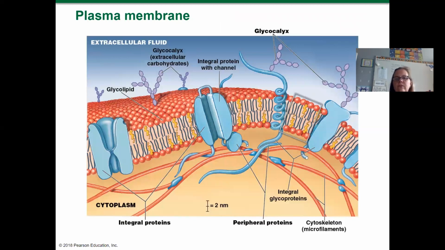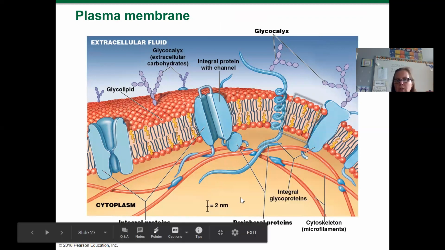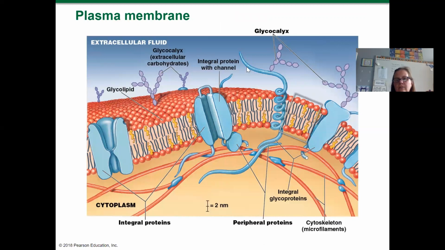Okay, this is the picture of all those types of things. You can see an integral protein with this channel right here. You can also see peripheral proteins here. Those are the kinds just on the edge. That's what peripheral means, just on the edge.